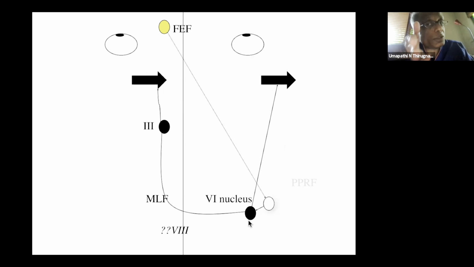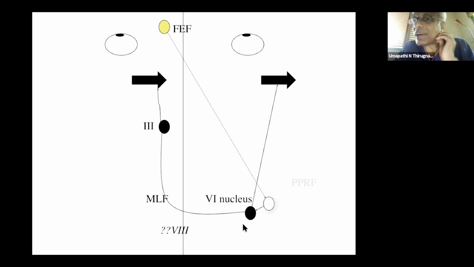Which nucleus must be active? All I need to do is keep my right 6th nucleus active, and this movement is fine. When I move my head to the right, my left eye is abducting, my right eye is adducting.